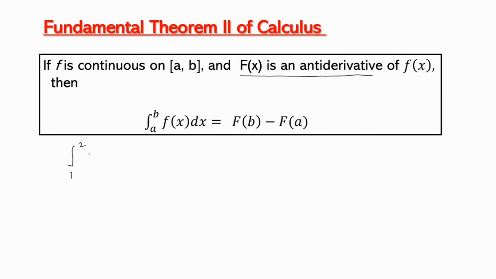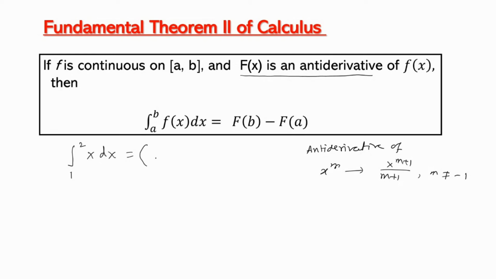Suppose the integral from 1 to 2 of x dx. So we know that the antiderivative of x to the power m is x to the power m plus 1 over m plus 1, m is not equal to minus 1. So in this case m is equal to 1.